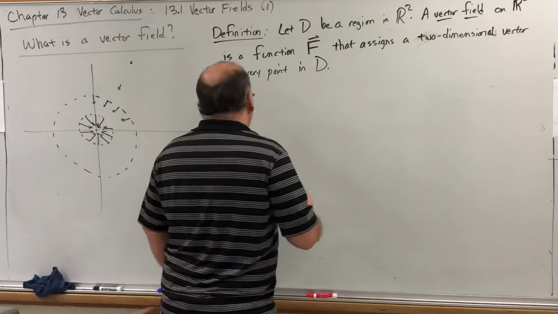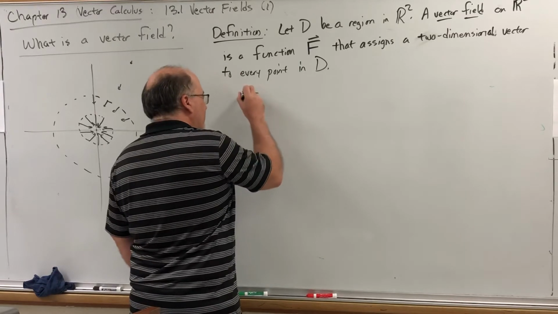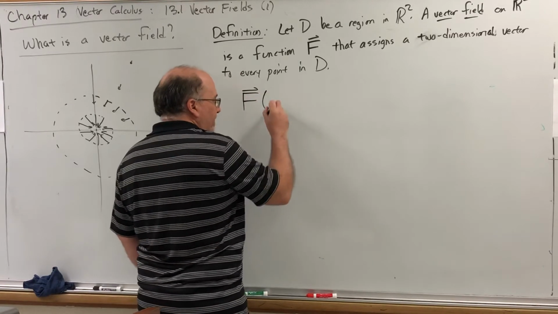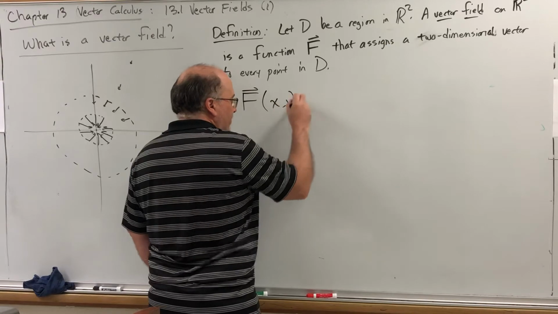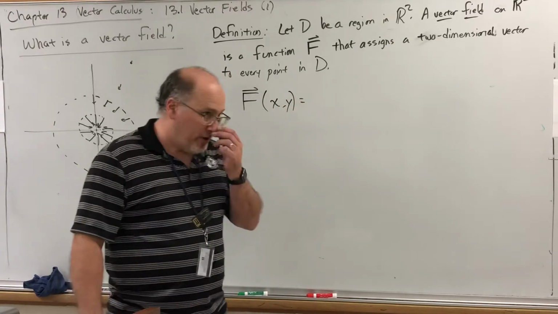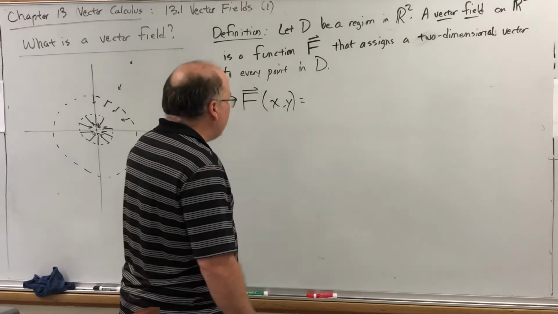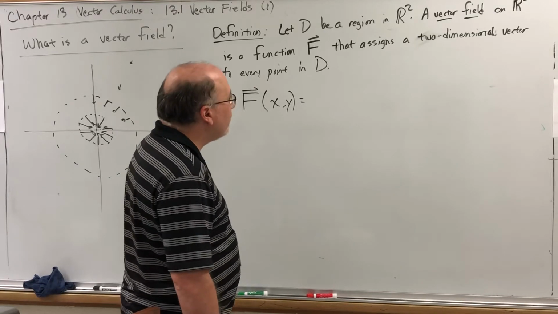That function is usually written as vector function f of x comma y, because the input to this function is an ordered pair, a point on the plane, and the output is a vector.